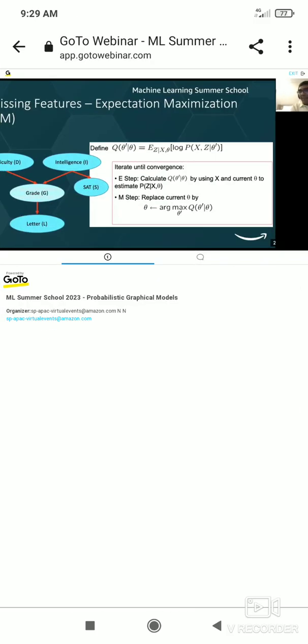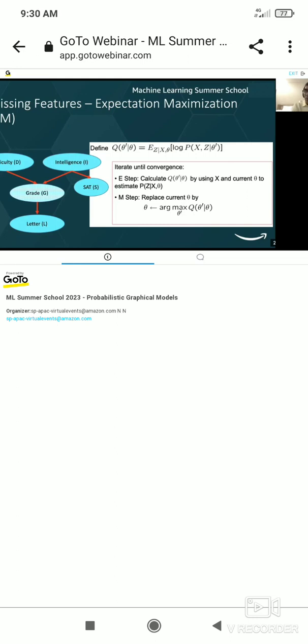For example, let's say a teacher recorded all these values for a particular student, but for some reason forgot to include the grade in the recording. So in this case, the grade becomes a missing feature. Such cases are far too common in real world examples, and therefore we need to deliberate on an approach to solve for it. So one very potent algorithm that can handle such cases is the expectation maximization algorithm.